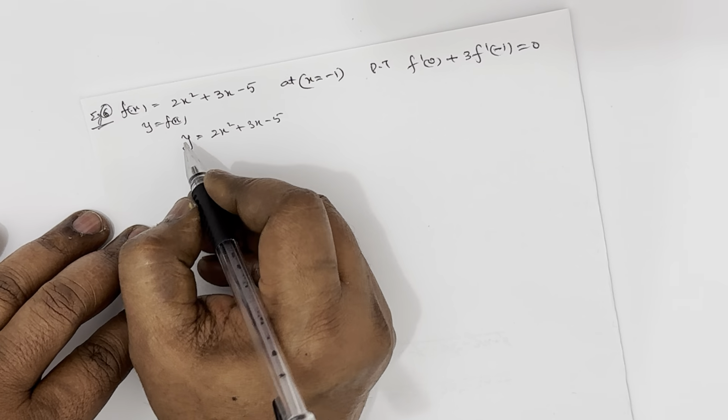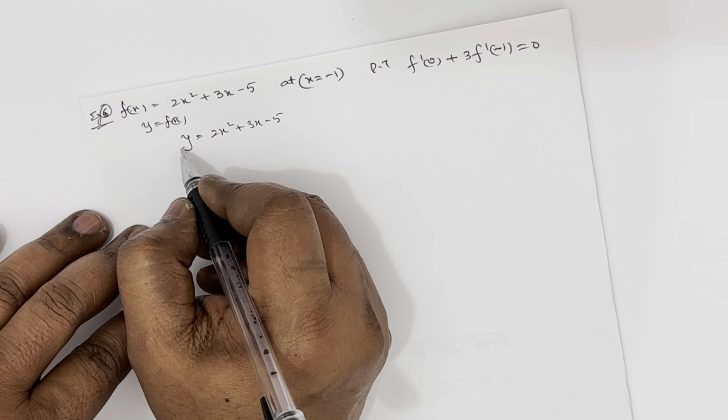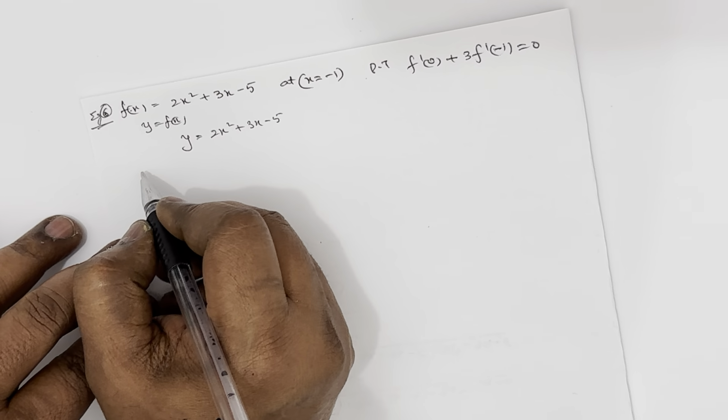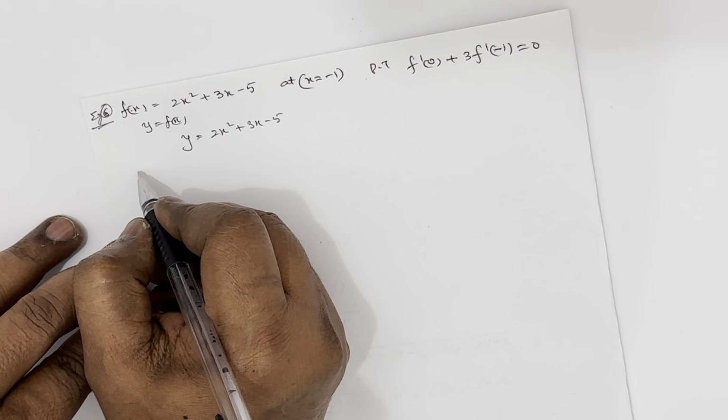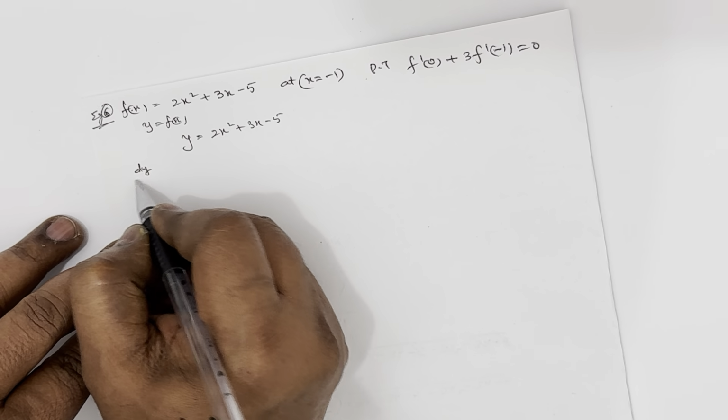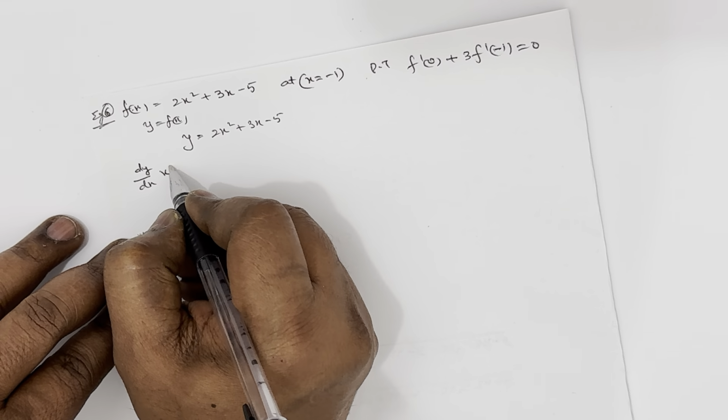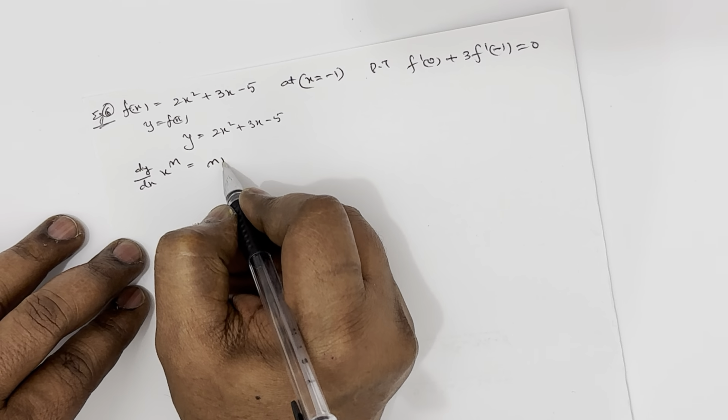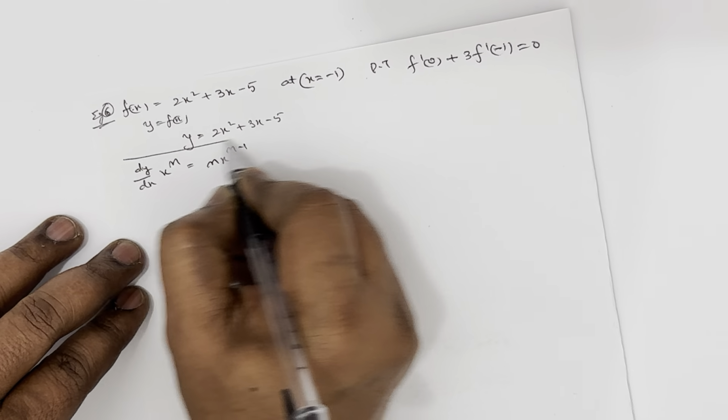So dy by dx of x power n equals n x raised to n minus 1 is the formula.